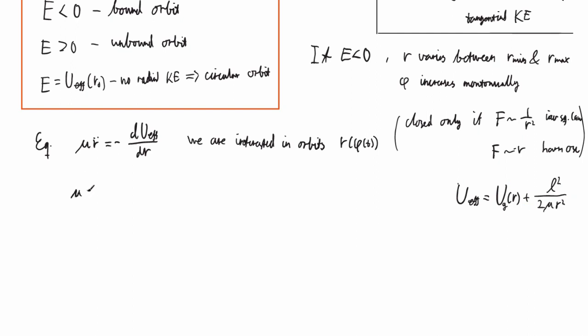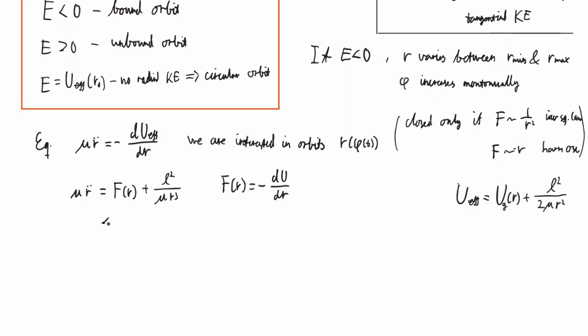So we have that mu r double dot equals F of r plus L squared divided by mu r cubed. So L squared over mu r cubed, that's just the derivative of this with respect to r with a minus sign. And F of r, that's just minus dU dr, right, that's the force that corresponds to the actual potential.